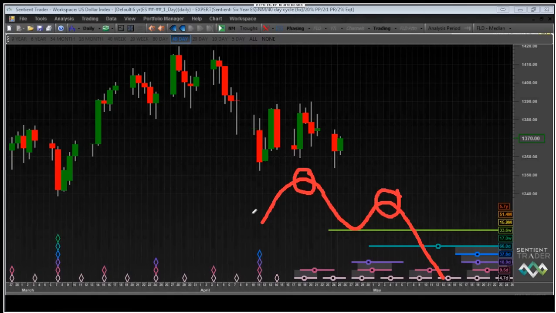And let me draw again the possible shape that this cycle is going to make. I hope you can see that. You'll notice that there are, of course, two peaks to every cycle. This is the starting trough over here, and this is the ending trough over there, and there are two potential peaks.